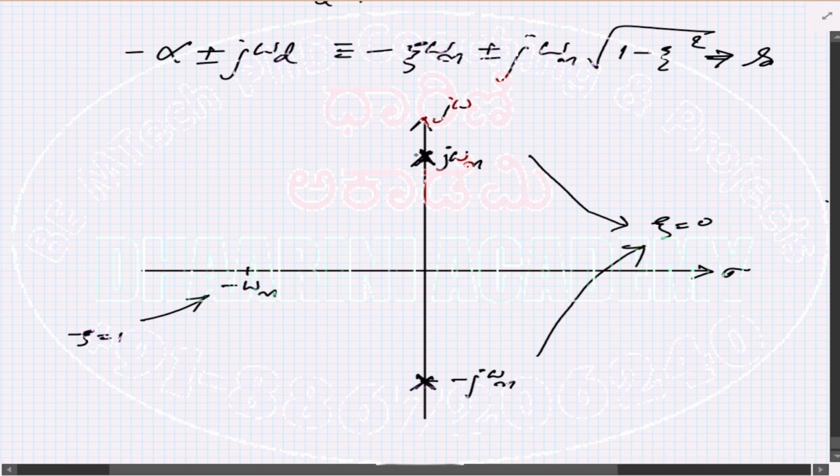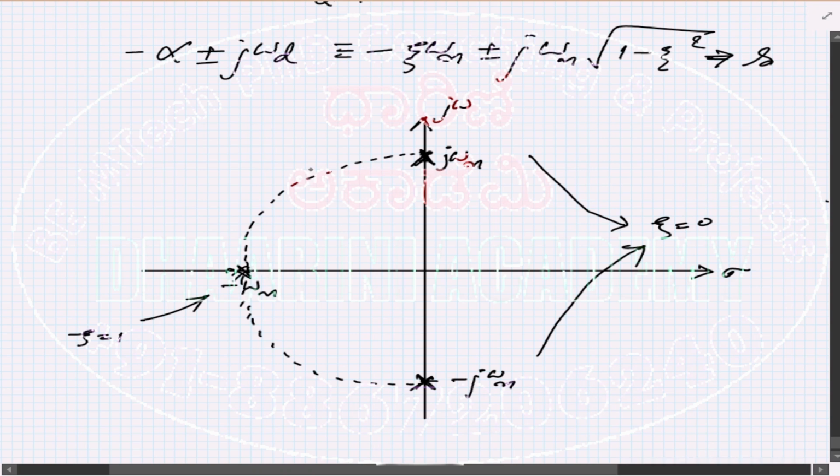As you increase zeta, they should come closer and closer, and it should reach omega n, because omega n is the other extreme. So for smaller values of zeta, it's at the vertical axis, close to 0. Close to 1, it will come and occupy the real axis.